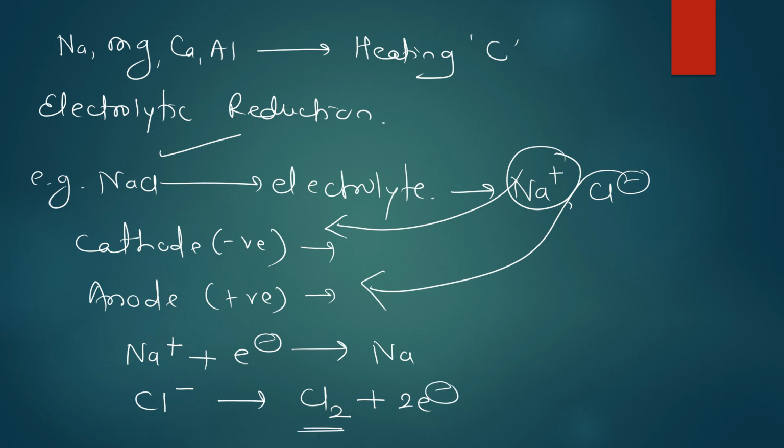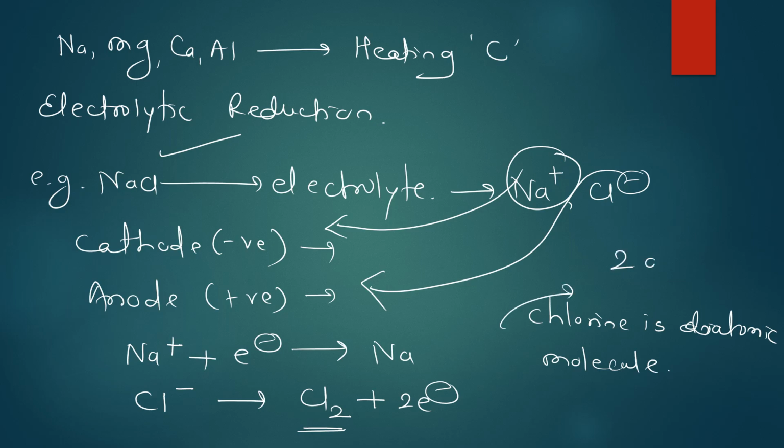Now why Cl2? Because chlorine is a diatomic molecule. Diatomic means chlorine exists only as two atoms together.